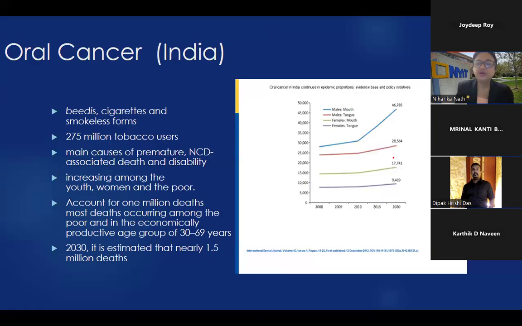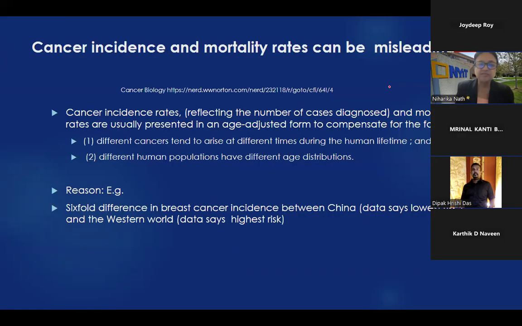The numbers are going up in males. This is 2020, associated with so many deaths. And this is oral cancer incidence, how many people are getting it in this graph. And you can see that for some reason in males, mouth cancers are actually rising.